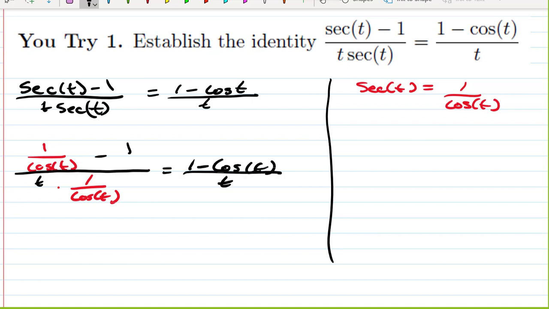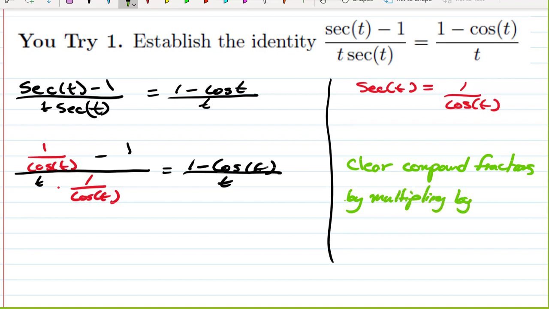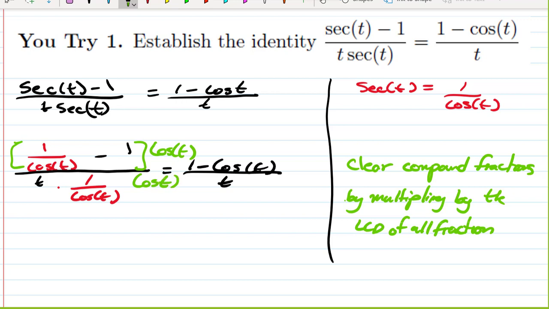So then we're going to clear the fractions by multiplying by the LCD of all fractions. It's worth noting at this point that it's also the same as inverting and multiplying. You're going to get the same result if you do that, so there's more than one way to do this. We multiply the top by cosine t, and we multiply the bottom by cosine t.